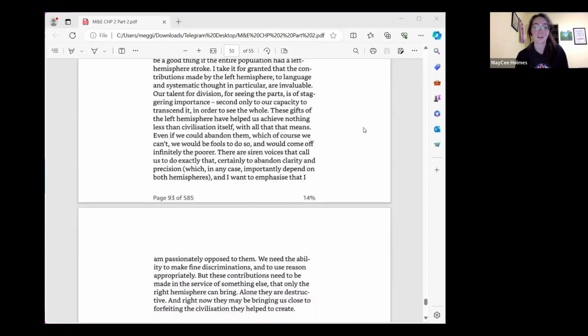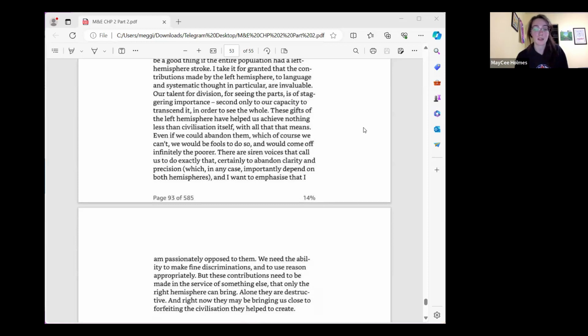I take it for granted that the contributions made by the left hemisphere to language and systematic thought in particular are invaluable. Our talent for division, for seeing the parts, is of staggering importance, second only to our capacity to transcend it in order to see the whole. These gifts of the left hemisphere have helped us achieve nothing less than civilization itself, with all that means.